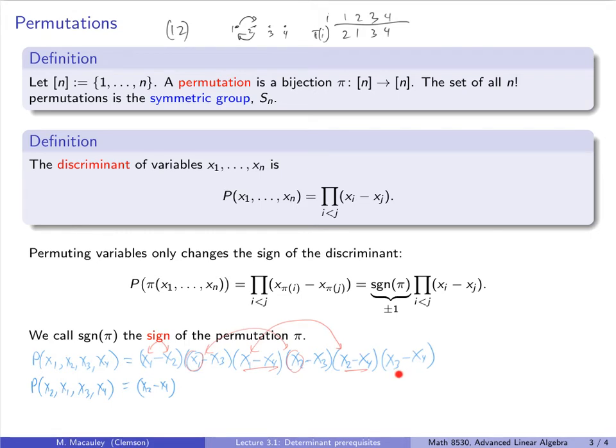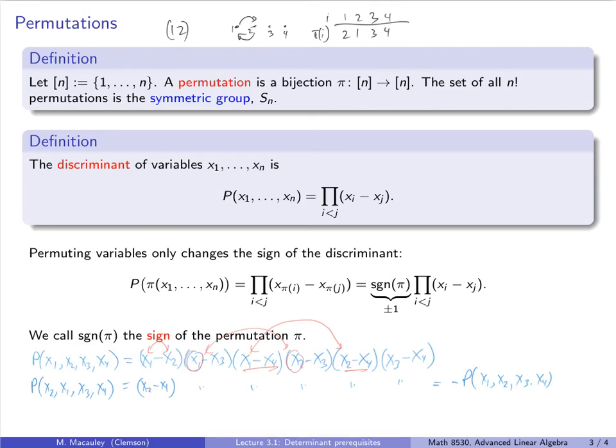And then we have terms like this that don't involve a 1 or a 2. Swapping x1 and x2 does nothing. So the net effect is nothing on the last 5 terms, but this first term is the negative of this. So we get the negative of the discriminant. So this permutation is, hold on a second. I haven't defined it yet, but we'll define it soon. This is what we will call an odd permutation.